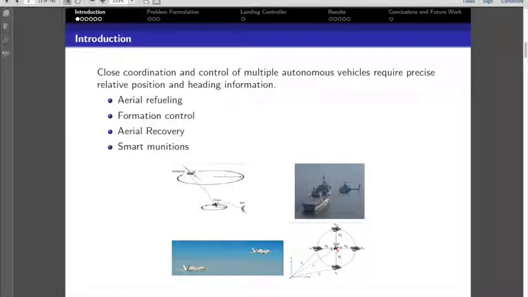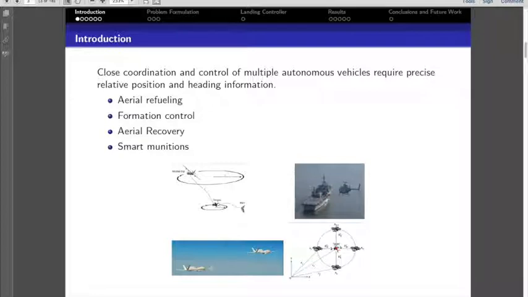So that's one situation. Another situation is the problem of landing a UAV or a helicopter on a moving platform, something like a ship, which is the problem of this paper. So we need to know relative position between these two vehicles and the orientation. Another problem can be aerial refueling, right?